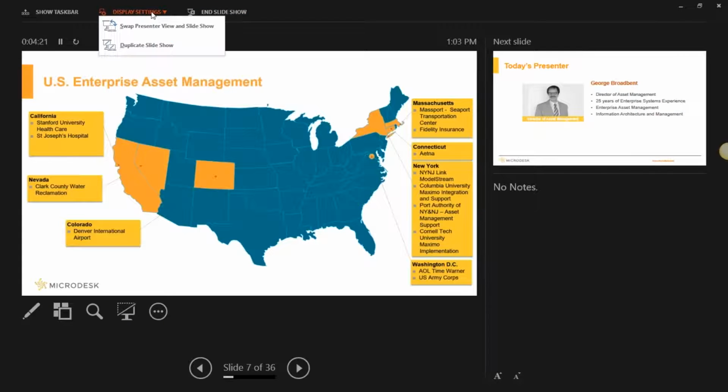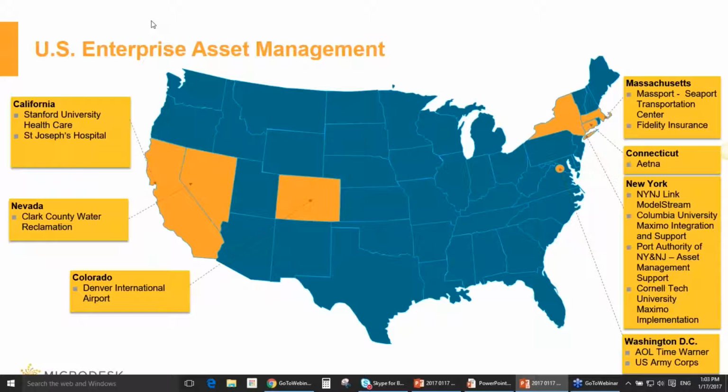In terms of our asset management engagements that we've done across the country, we're showing you here a few. That's California, Nevada, Clark County, Denver International Airport, Massachusetts, the Massport system there. New York, we've got quite a few customers there as well. All these customers have one thing in common, that we're supporting them in terms of asset management engagements.